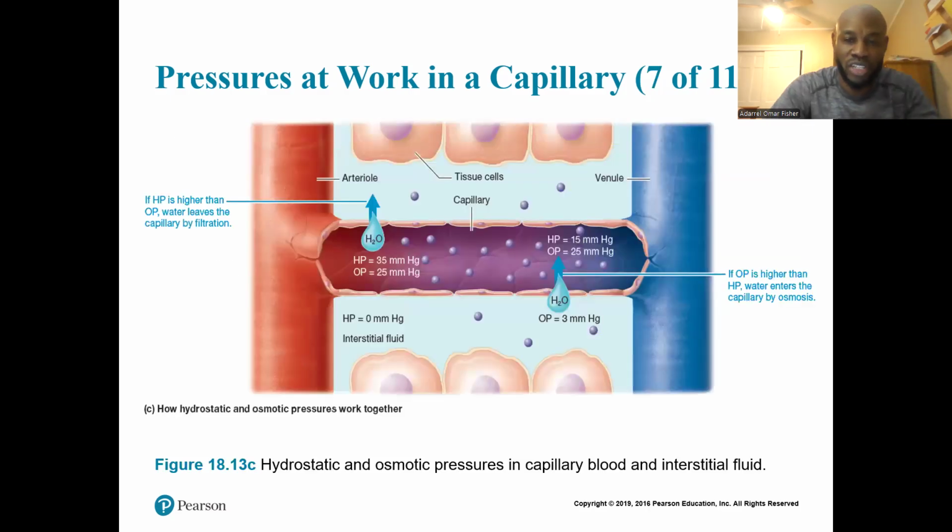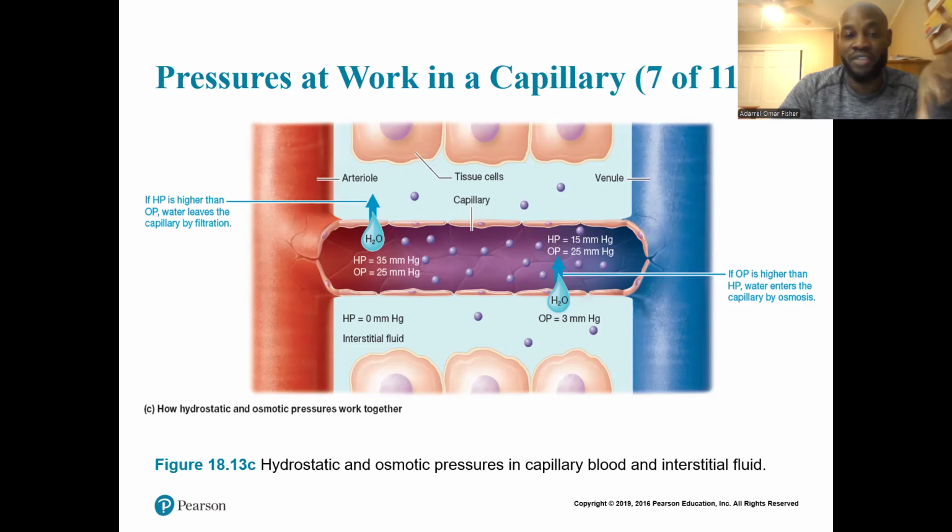Right? So this is what is happening here. You see closer to the arteriolar end, the hydrostatic pressure, the pressure created by your blood pressure, by your heart, is higher than the osmotic pressure. So the osmotic pressure wants to pull water in. The hydrostatic pressure wants to push water out. At the arteriolar end, the hydrostatic pressure is higher.